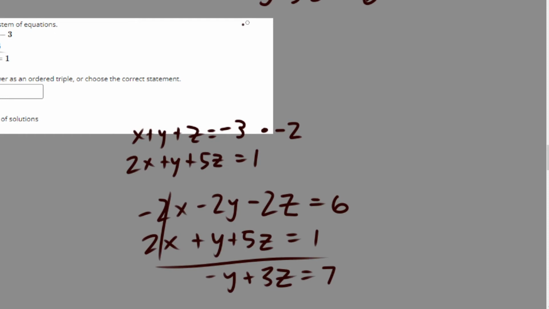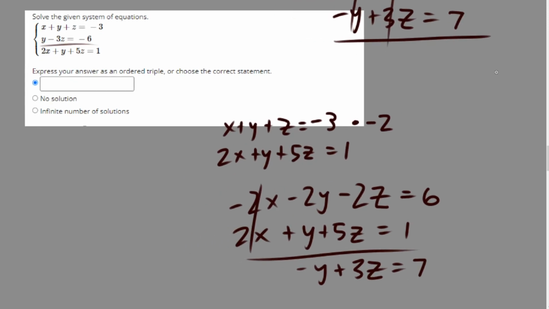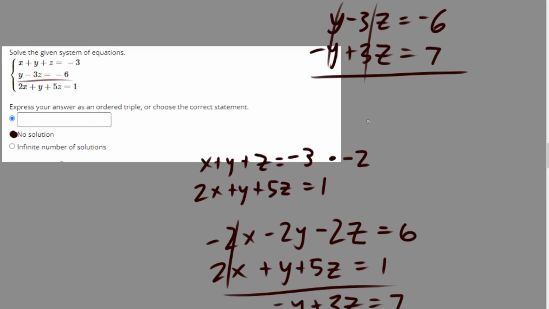So now we have negative y plus 3z is equal to 7. Now these will cross out, and these will also cross out, which causes problems. I think that this is going to be a no solution one, because we'll get 0 is equal to 1, which is not true. And when I try no solution on that equation, it is correct.